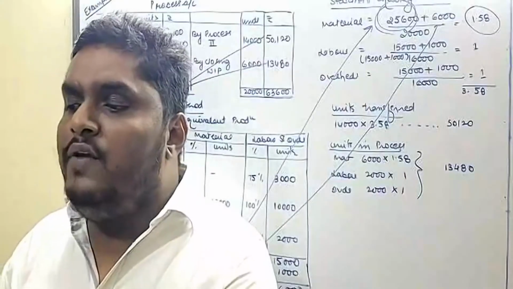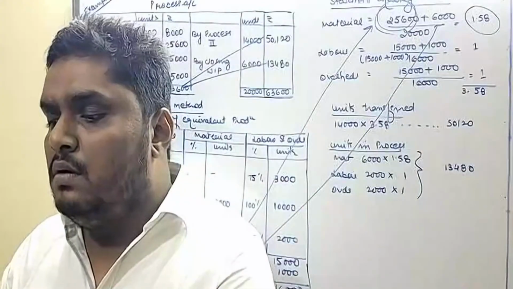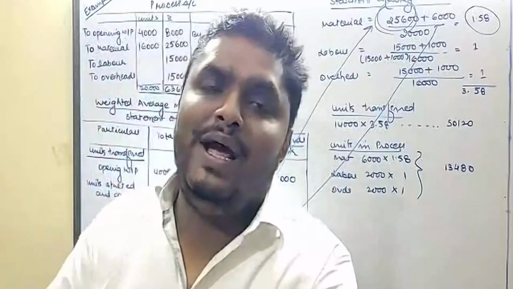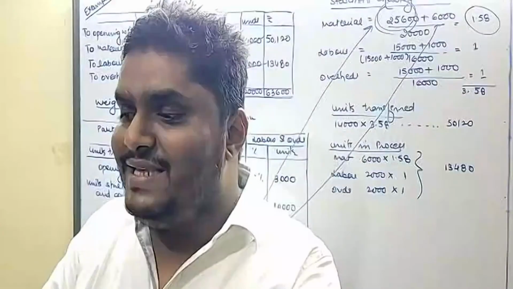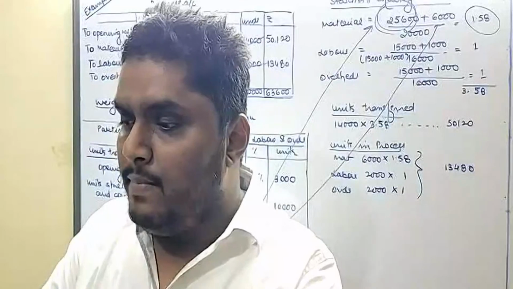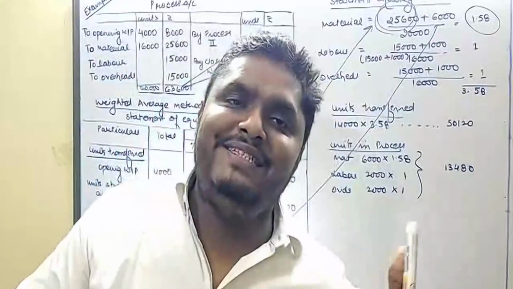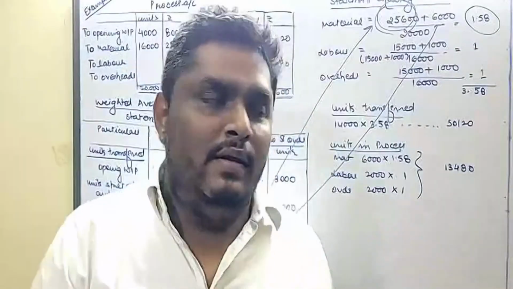Vedant Vora, Kavita, Dhyanesh, any doubts? Sraboni Das, you were asking about the FIFO method and the weighted average method. Hopefully your queries are resolved. If you have prepared the statement for the FIFO method, you can convert it into the weighted average method.